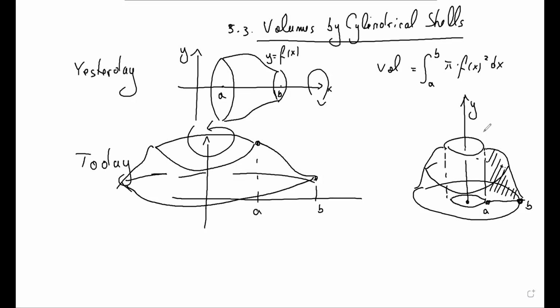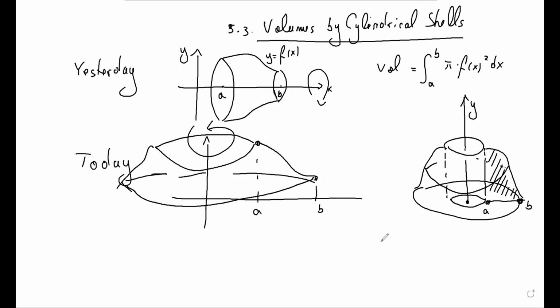First of all, let's assume we slice up this solid with a horizontal slice. We get a horizontal slice out of this. This looks like a pie with a hole inside, right?